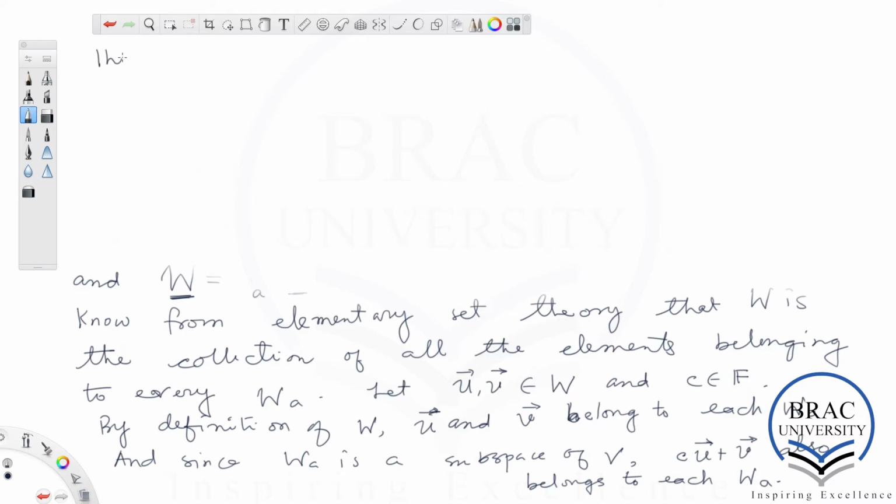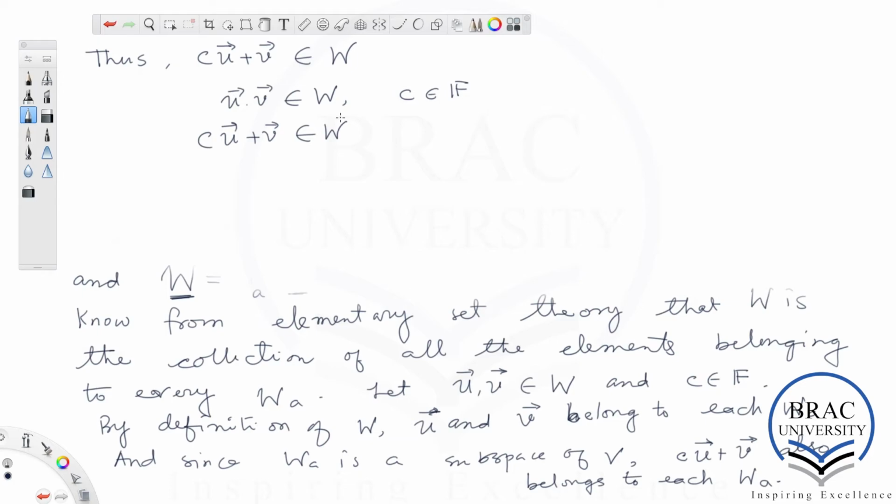Thus, since CU plus V belongs to each WA and W is the intersection of all WAs, CU plus V must belong to W. So we started with U and V belonging to W, and C any scalar, and we proved that CU plus V is also in W. What does that mean?